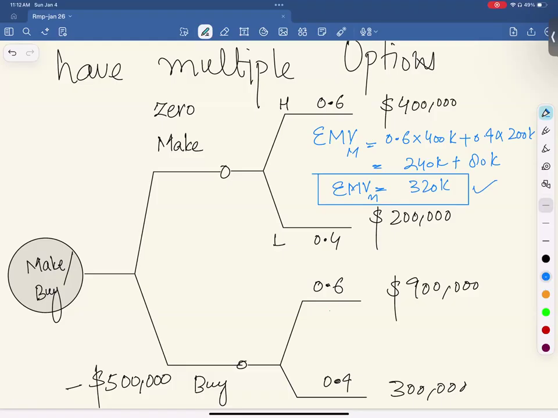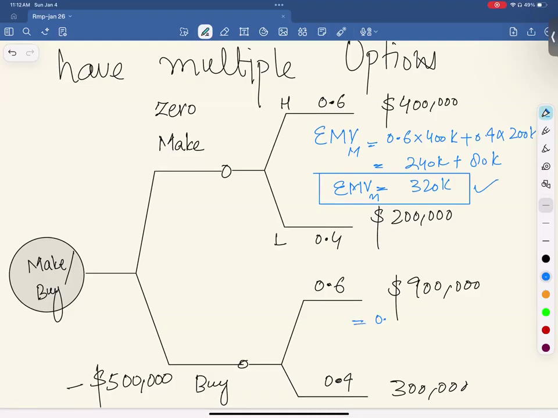Let's do the same for this one. So this would be 0.6 into 900K plus 0.4 into 300K, 540K plus 120K. This is 660K. Which one would you be doing, anyone, please?